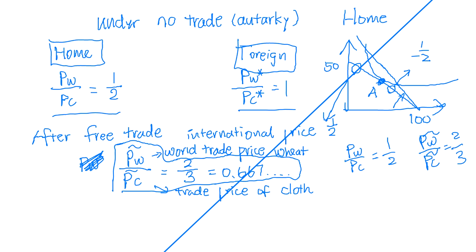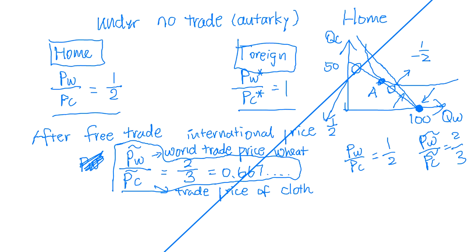Because if the country specializes in production of the good for which it has the comparative advantage, that corner point is supposed to be on the new production constraint as well.